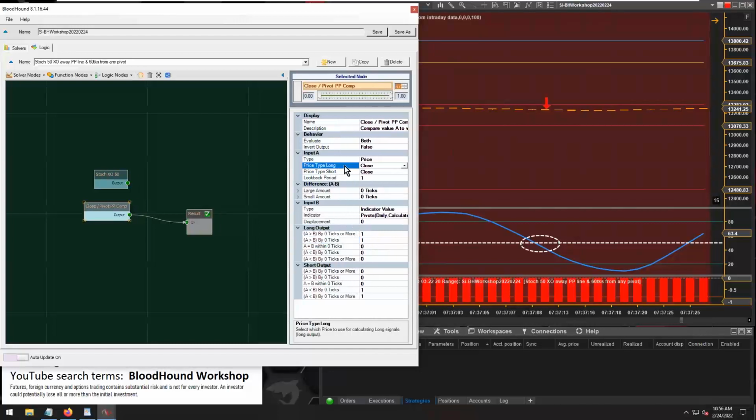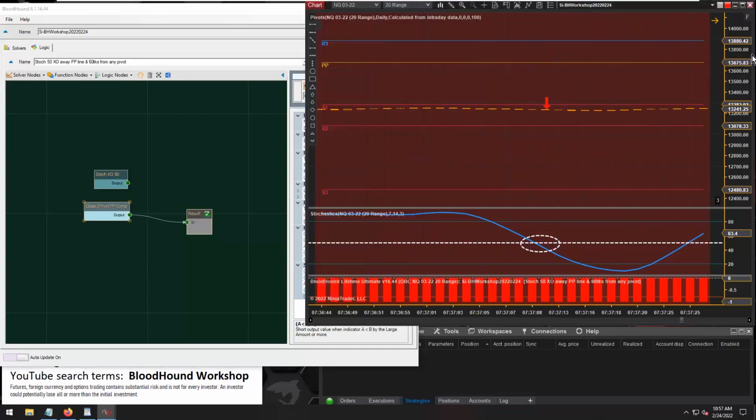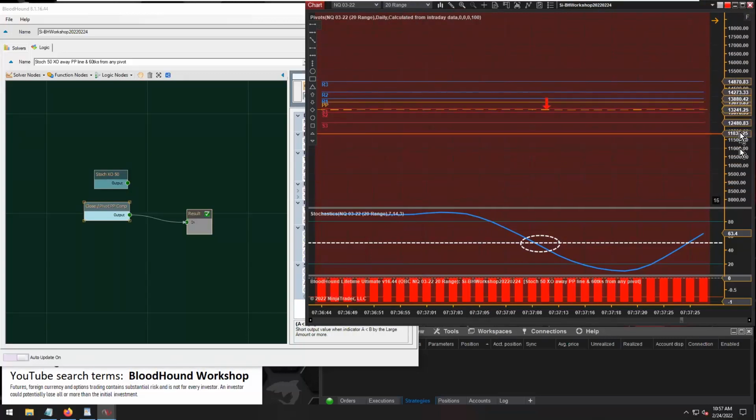When the close of the bar is above the pivot's PP line, then we want A. When A is greater than B, we want a long output. And if A is less than B, in other words, if the close is below the PP line, then we want a short output, right? So this is our direction filter.